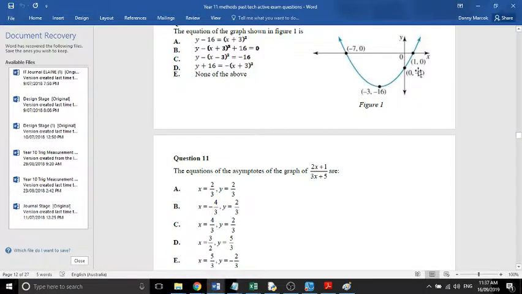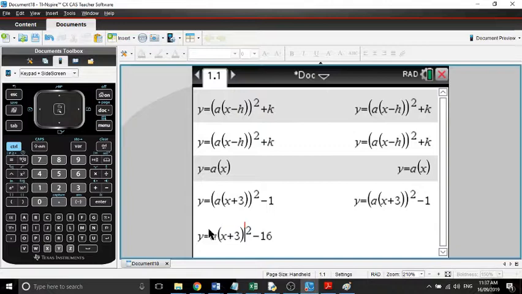Now, if x equals 0, then we've got a value there of -7. So what we'll do is solve this where x equals 0 and it equals -7. It's our y-intercept.